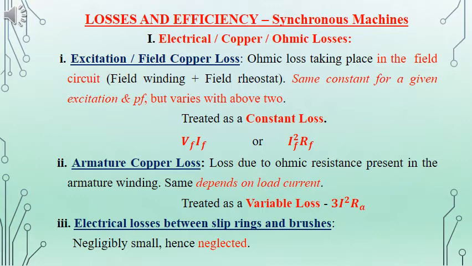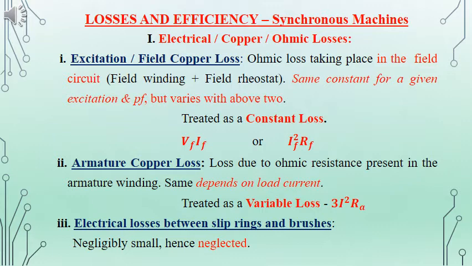If we consider the excitation voltage to be constant and the power factor to be constant, then the field copper loss is constant and is given as VF·IF or IF squared RF, where VF is the supply voltage to the field winding, IF is the current passing through the field winding, and RF is the resistance of the field winding or field circuit.